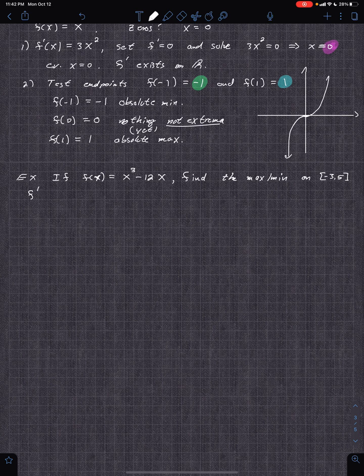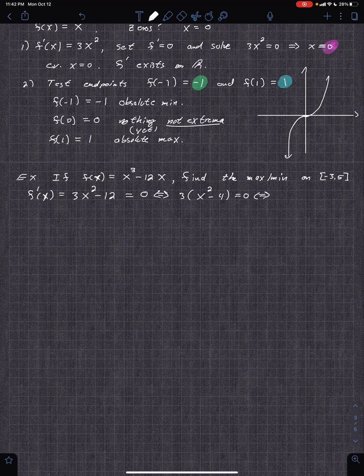So first thing you do is take the derivative, f prime, and you get 3x squared minus 12. And then right away, you just set that equal to 0 and solve it. Factor out the 3. It's x squared minus 4 equal to 0.